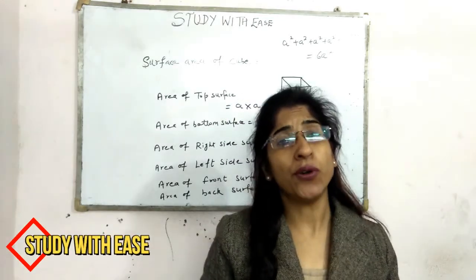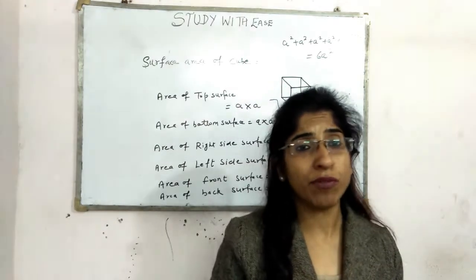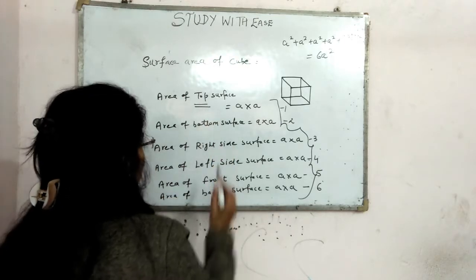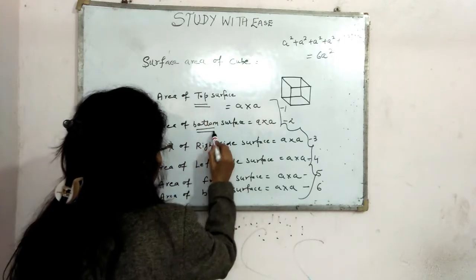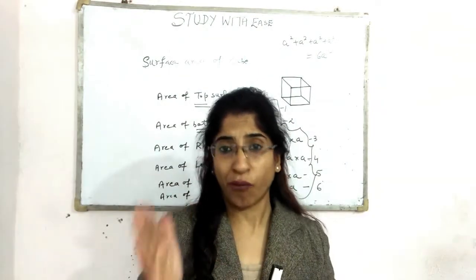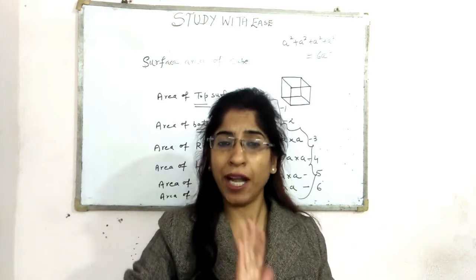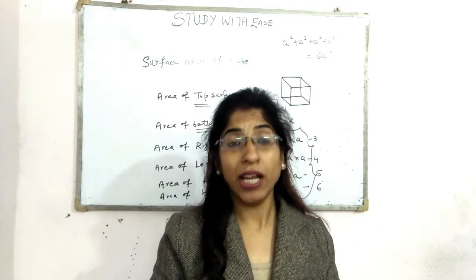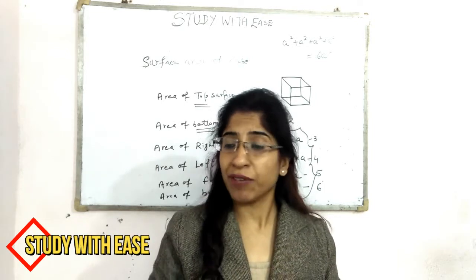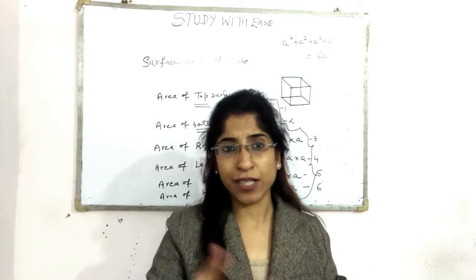So if we want to find the curved surface area of cube, what will we do? We will just ignore the top surface and bottom surface and we will take only the surface area of right side, left side, front side and back side. In this way, we will find the curved surface area of cube and that will be a square, a square, a square and a square.